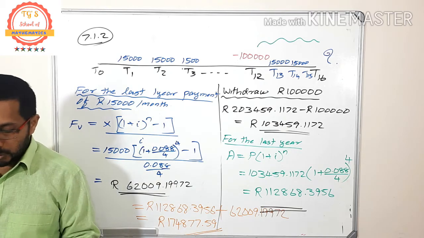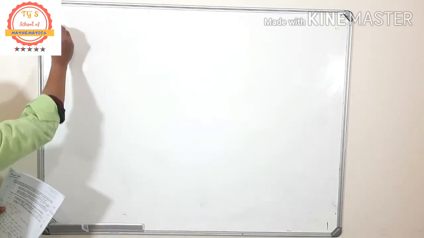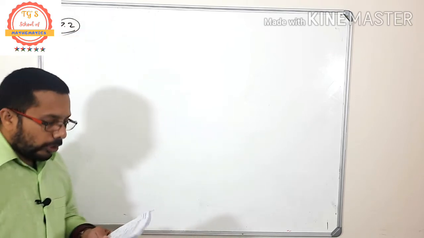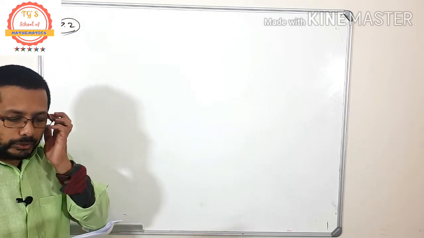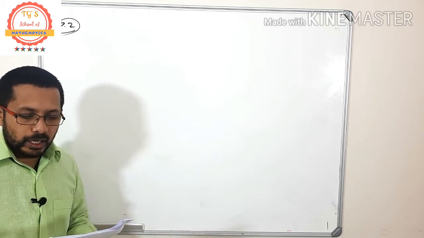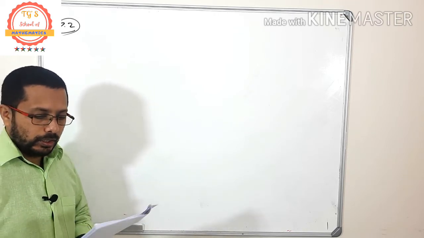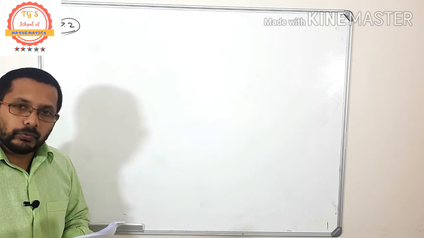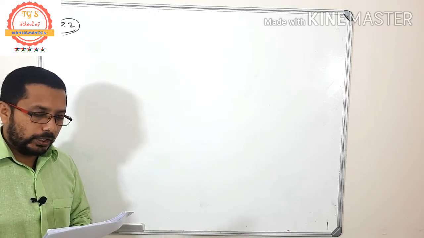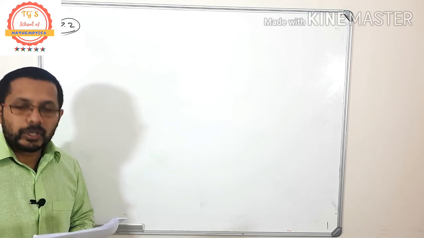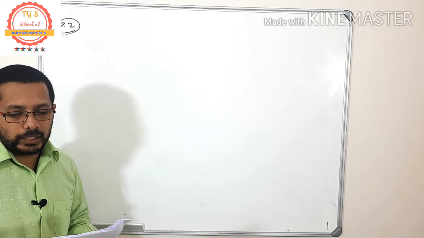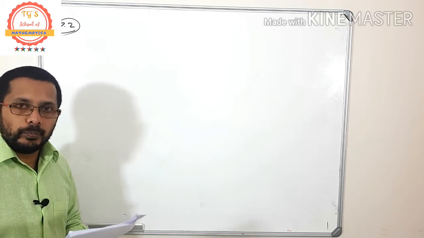Question number 7.2. Sipho takes out a home loan over 20 years to buy a house that costs 1.5 million.